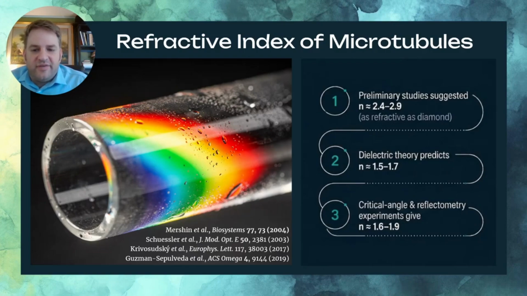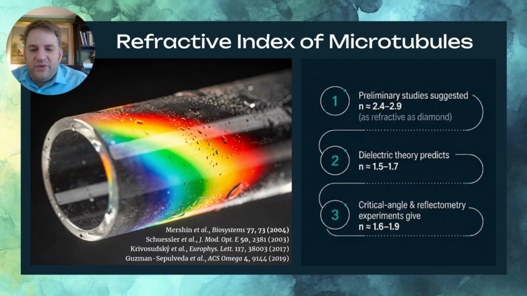Now, that's a bit surprising because dielectric theory only predicts that microtubules should have an index of refraction of about 1.5 to 1.7, which would be much more normal, not the kind of thing that's going to confuse you with a gemstone, for example.